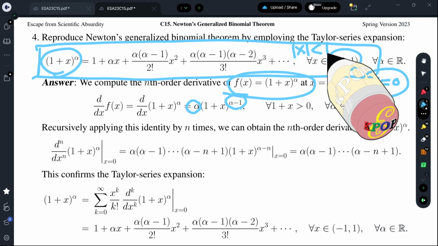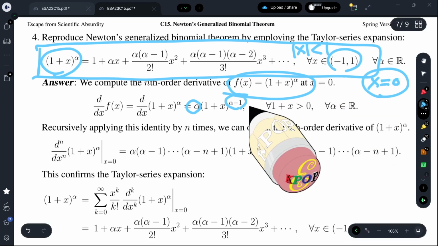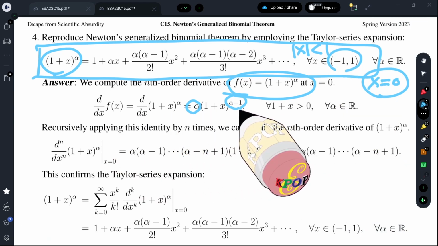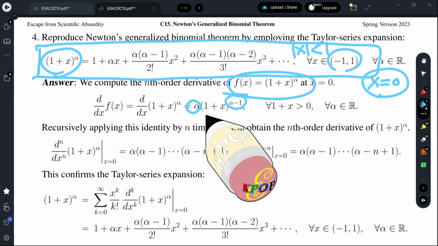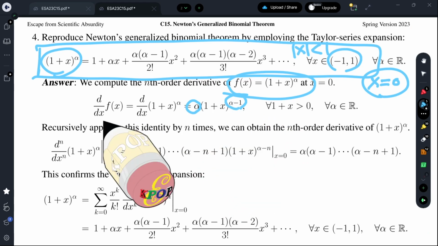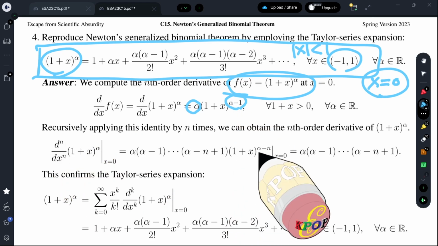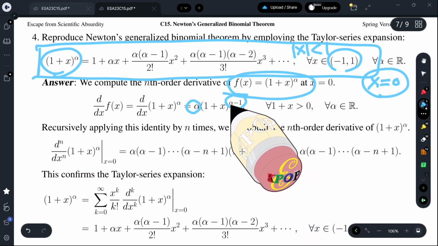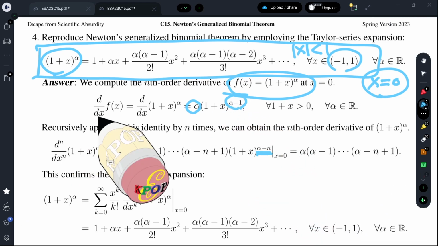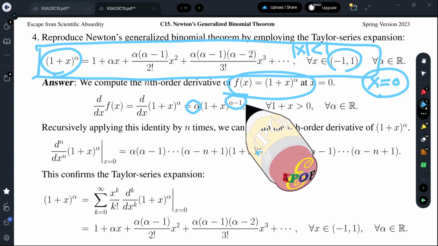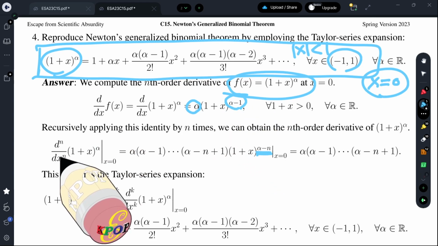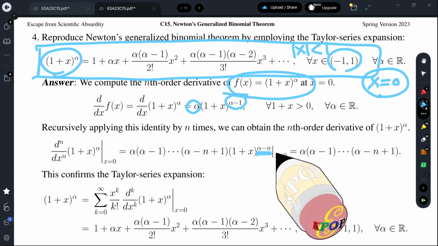This does not include plus or minus 1 for x. Using this identity, we keep differentiating this expression, then the power decreases by n after n times, just like the first order derivative has alpha minus 1, the nth order derivative has alpha minus n.